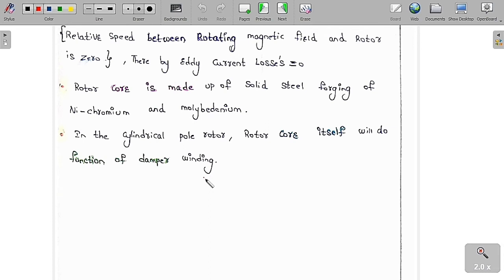In the synchronous motor, the damper winding does two functions. I have already told you everything in detail. So the rotor core is made up of solid steel forging of nickel, chromium and molybdenum, and in the cylindrical pole rotor the core itself will do the function of damper winding.